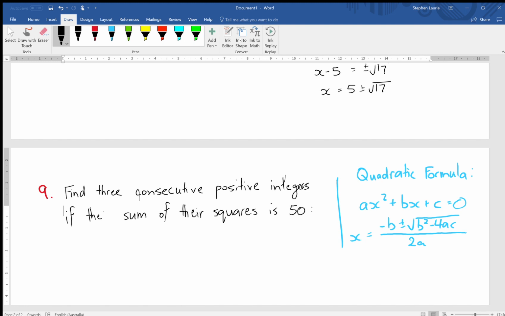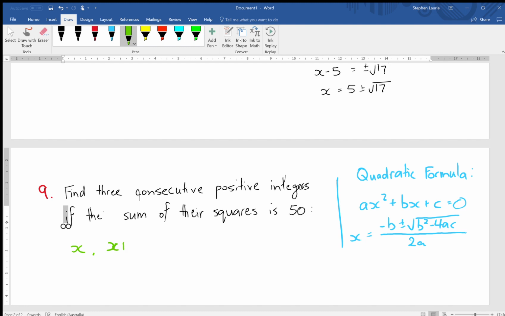Alright, so the way we want to approach this, first we need to define our numbers. Now we don't know what the numbers are, so let's start with the first one, the smallest of our integers. Let's call it x. And then what is the second integer going to be? Well, because it's consecutive, it's just the next one along.